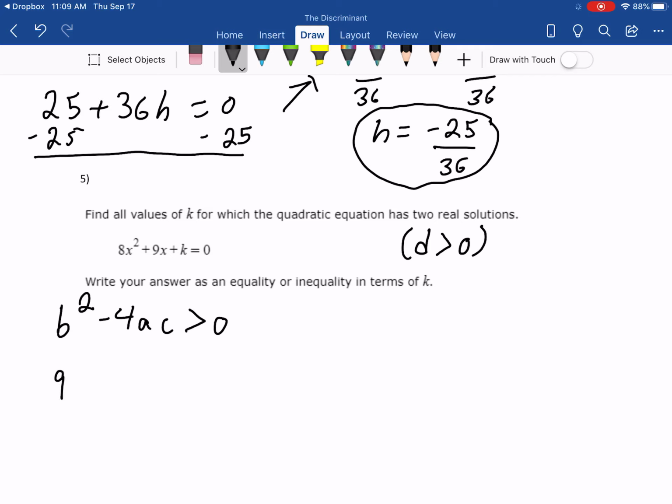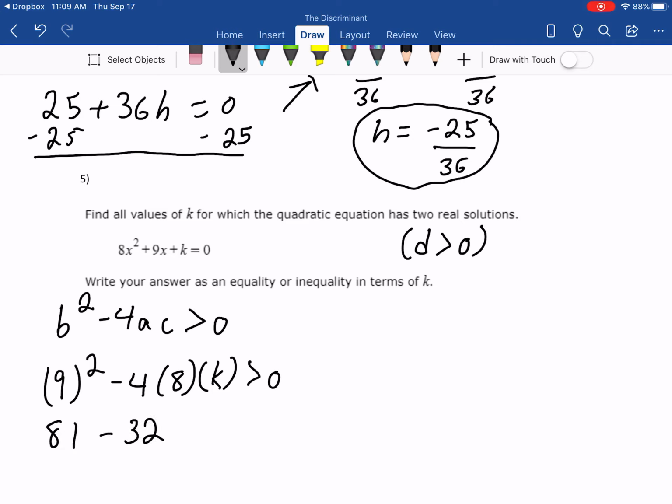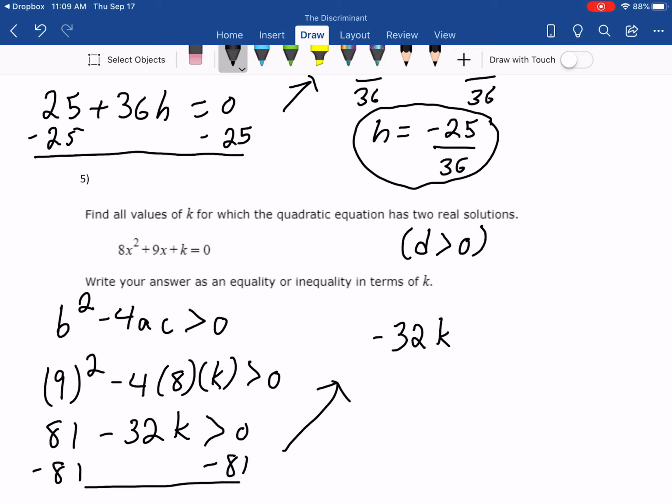Substituting, that's 9 squared minus 4 times 8 times k. 81 minus 32k greater than 0. Let's come up here. Subtract 81 from each side. Okay. Negative 32k is greater than negative 81.